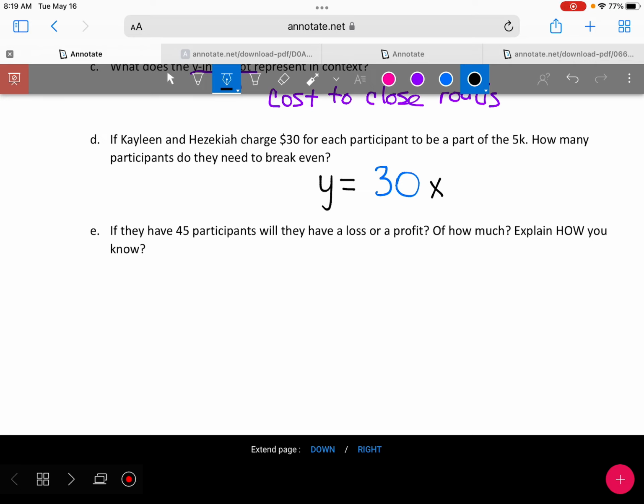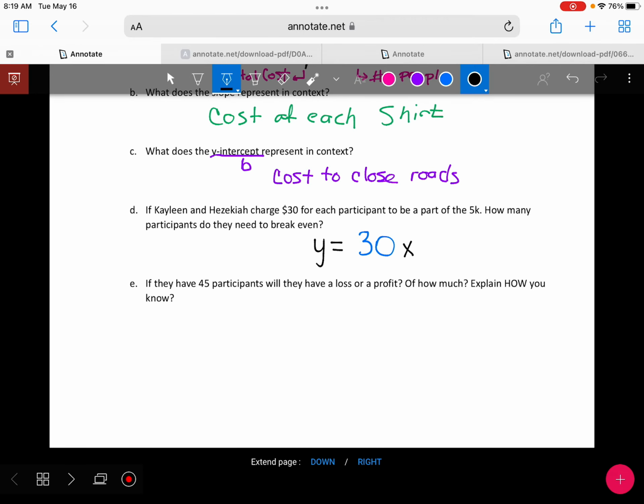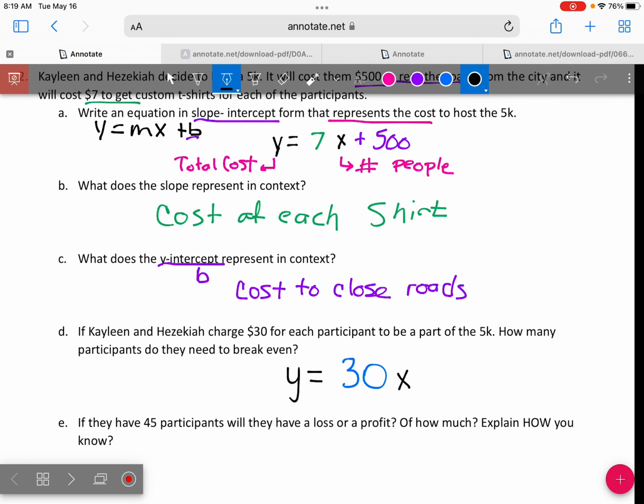So what they want to know is when are they going to break even? Break even means when are they going to equal each other? So we're going to take our two equations and solve them together.